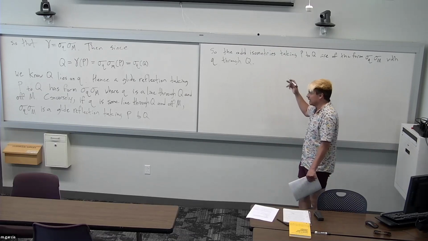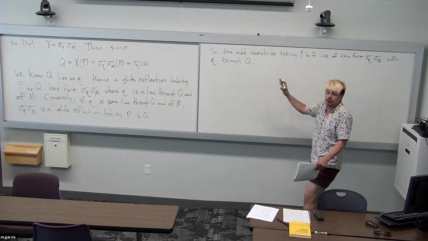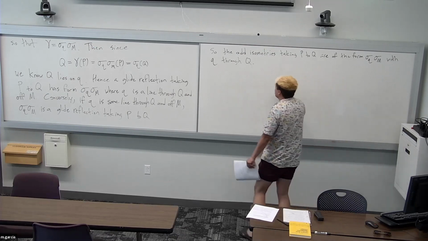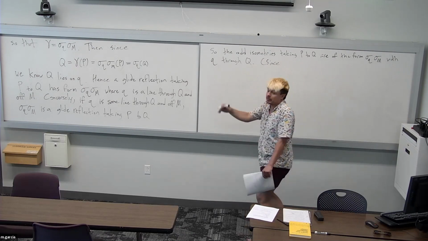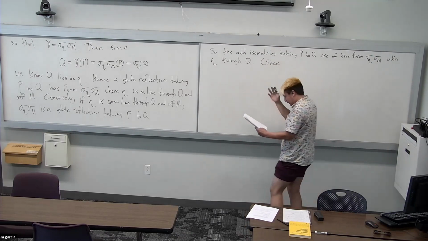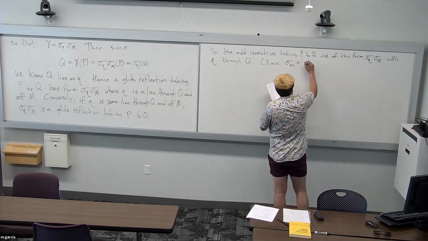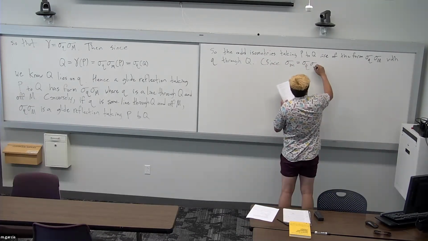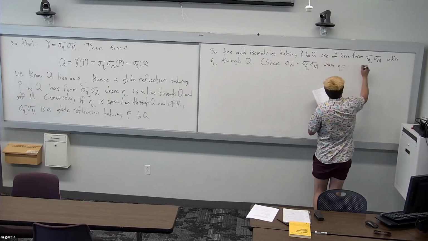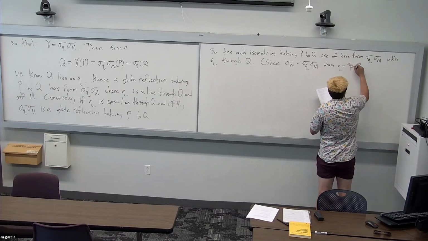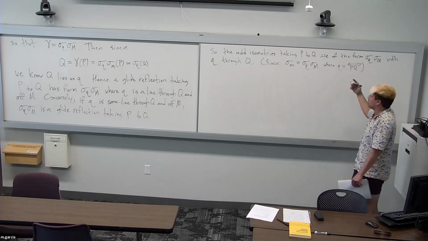So the reflection case is the degenerate case where your line q actually hits M. Since sigma sub M is equal to sigma sub q, sigma sub capital M, where q is just equal to the line through P and Q, that covers the reflection case that we did first.